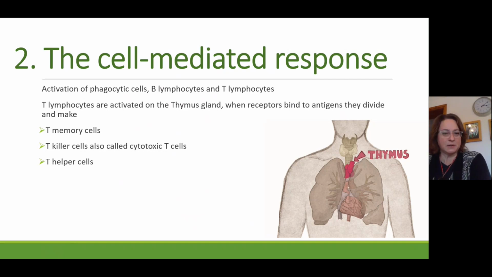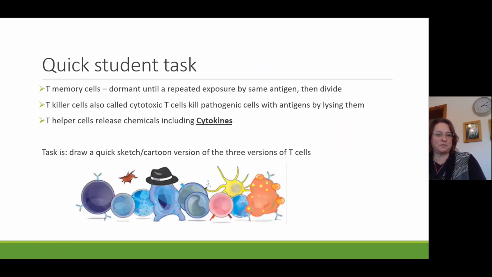The T killer cells, cytotoxic cells, so cytotoxic, killing its own cells. Killer cells are actually meant to kill your own cells, not the healthy ones, the infected ones. That's what they do. And T helper cells, they are then actually stimulating B lymphocytes again. So it's kind of everything talks to everything, that immune system. It's a bit complicated, but the T response is generally more attacking body cells that have become infected.